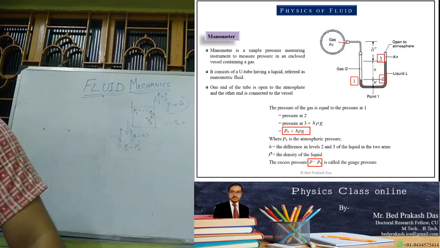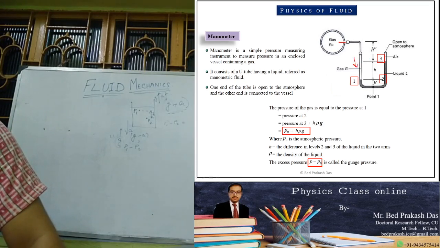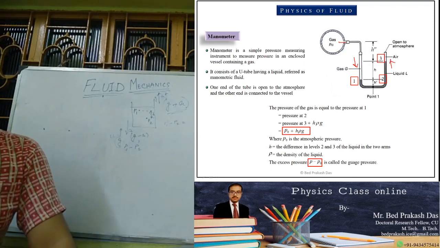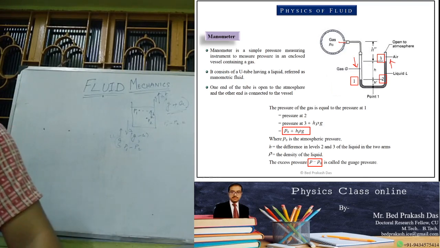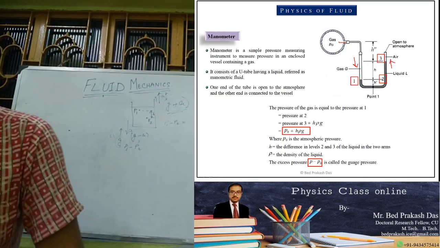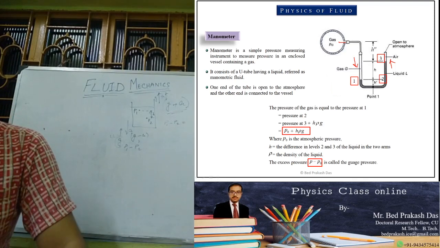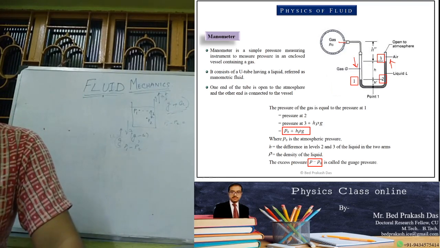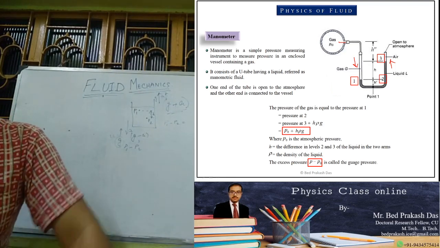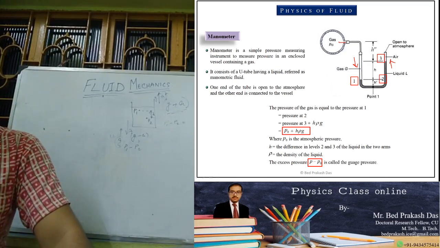And the manometric fluid is at rest. Whenever the gas puts pressure in this direction, the manometric fluid will experience a rise in this particular direction. Now with this rise, that is, the rise from H dash, from position 2 to position 3.